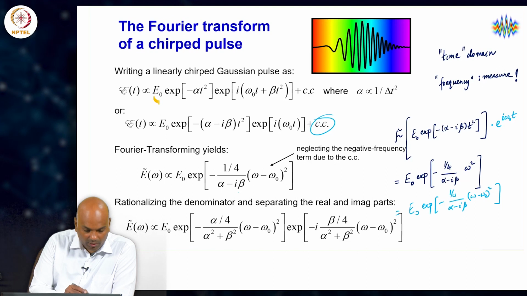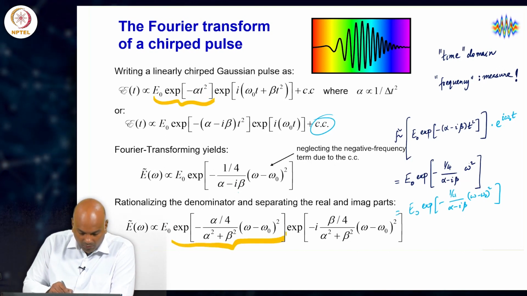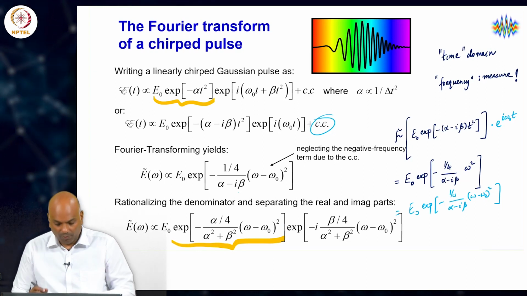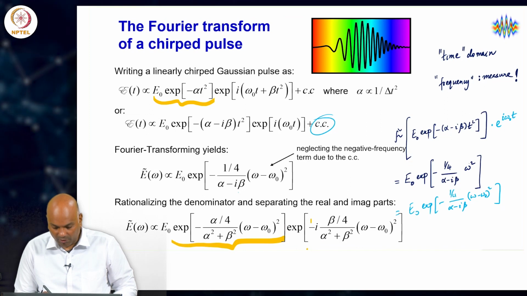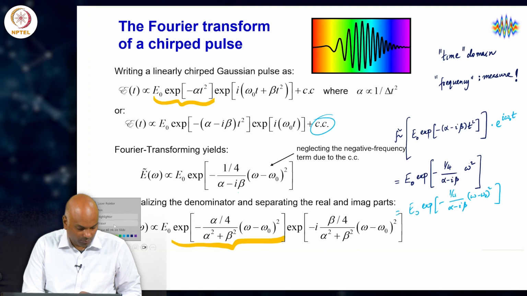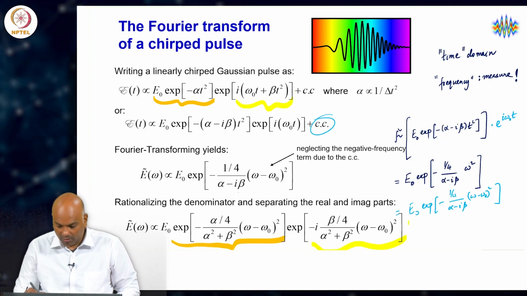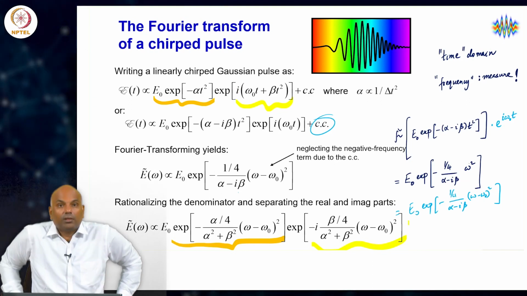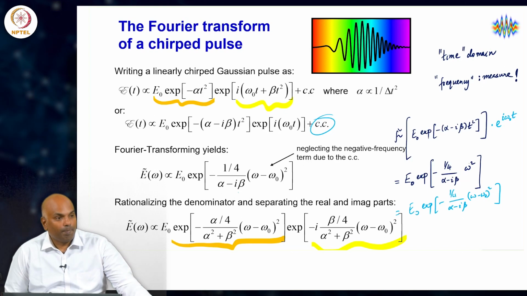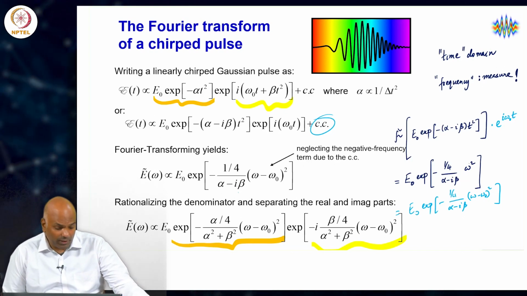That is to say, this piece which is Gaussian in amplitude would Fourier transform to a Gaussian in the spectral amplitude, and then the rest is actually spectral phase. So, we have temporal phase, we have spectral phase, all right. Very well. So, we have Fourier transformed this.